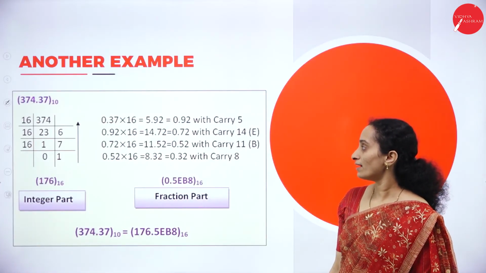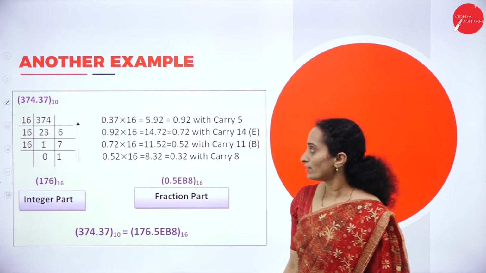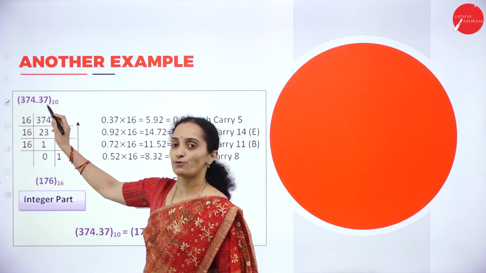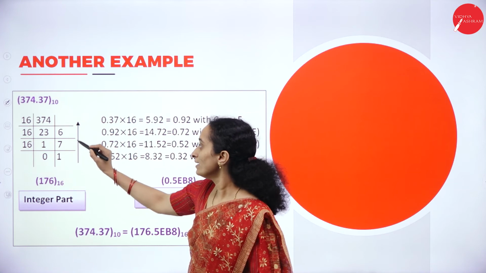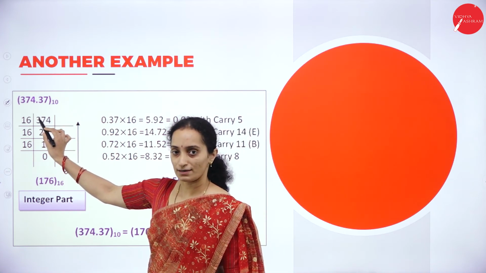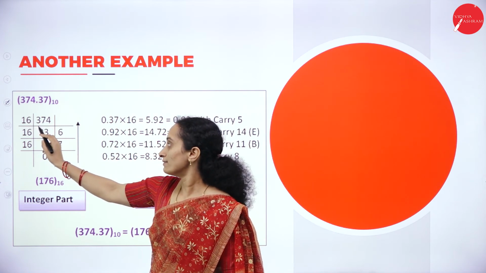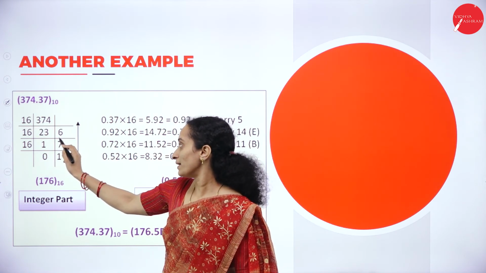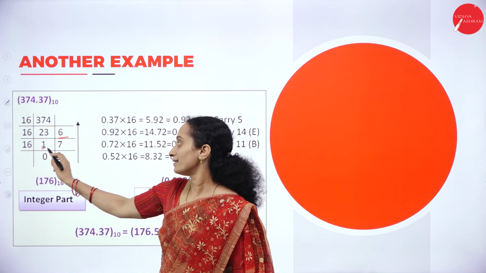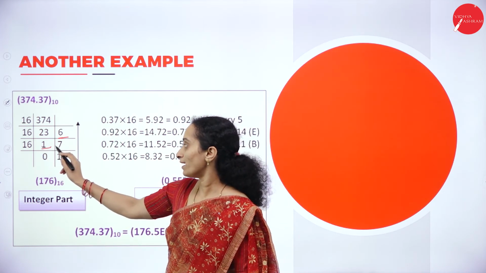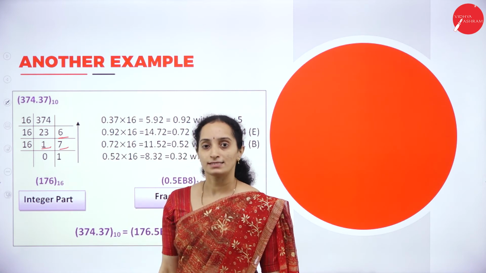We have another example of a value in decimal, 374.37. First, we shall solve 374, that is the integer part. Divide it by 16. Remainder will be 6. Again, divide the quotient 23 by 16. Remainder is 7.